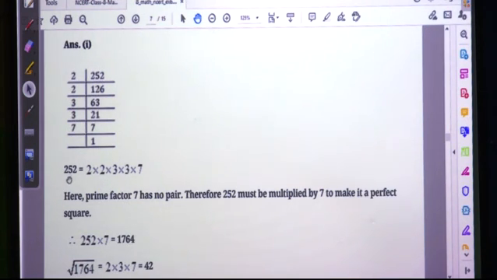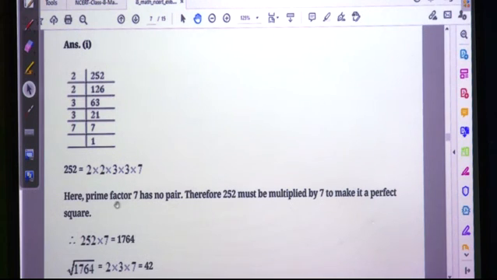The prime factors of 252 are 2 into 2 into 3 into 3 into 7. Here you can see 2 is in a pair, 3 is in a pair, but 7 is not in a pair.